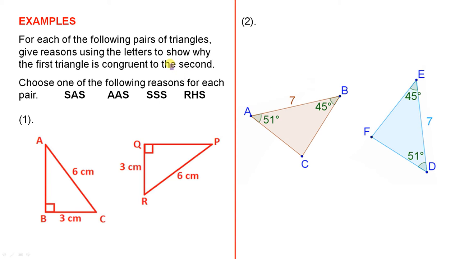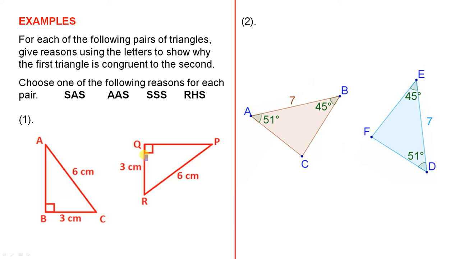Here we have some examples, some exercises, and let's see what's required. For each of the following pairs of triangles, give reasons using the letters to show why the first triangle is congruent to the second. Choose one of the following reasons for each pair. So here we have a triangle and there we have a triangle.